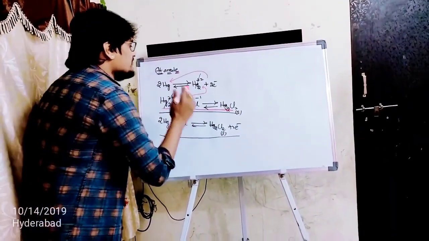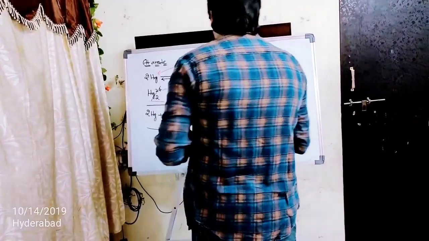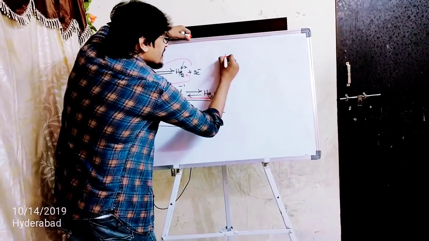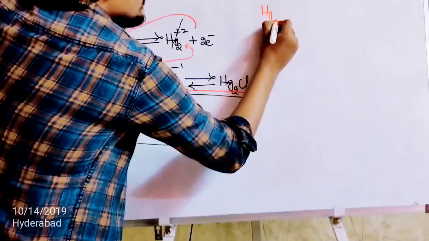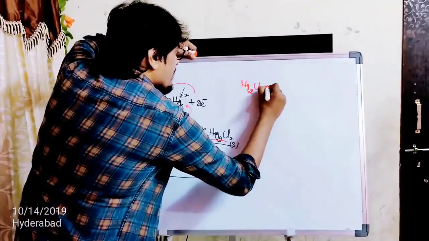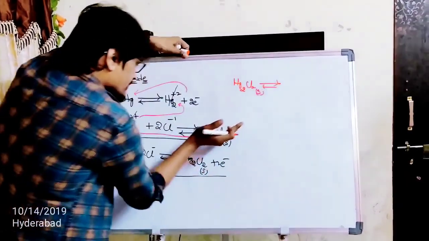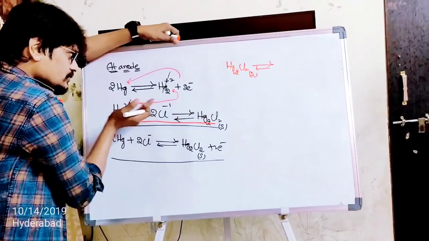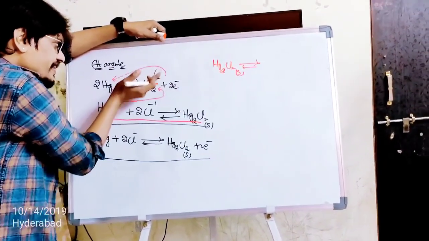Exactly the reverse of this oxidation reaction is the reduction reaction. What is that? Hg2Cl2 solid undergoes exactly the reverse. Don't be confused. Exactly reverse to that of the oxidation reaction.